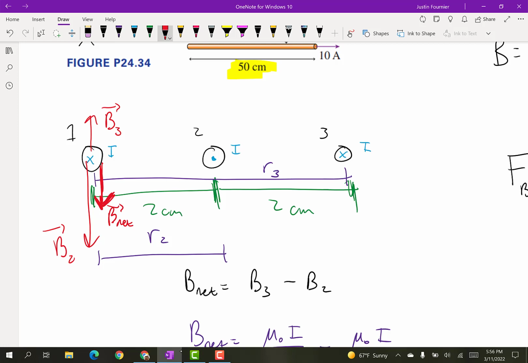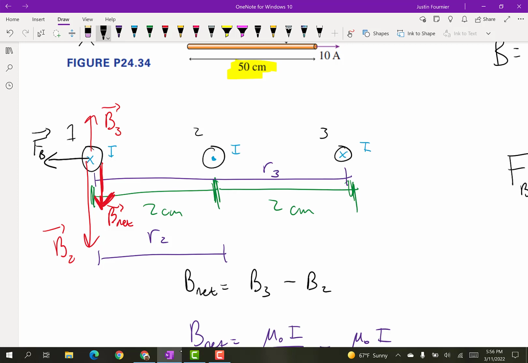My fingers point downward because that's where the net magnetic field points, and my palm is pointing to the right, or sorry, to the left. So my magnetic force points to the left. So it's going to feel a force to the left. So it's going to be repelled that way.